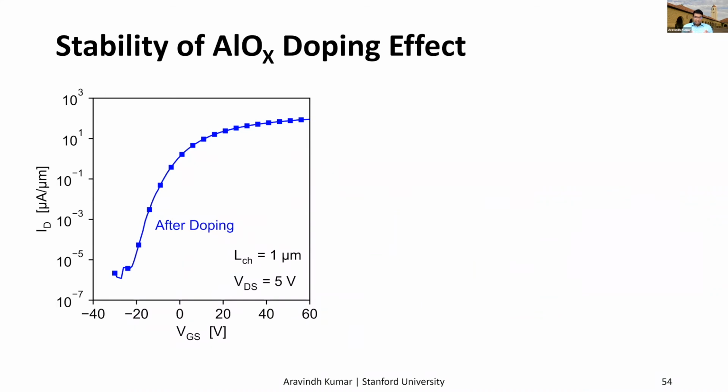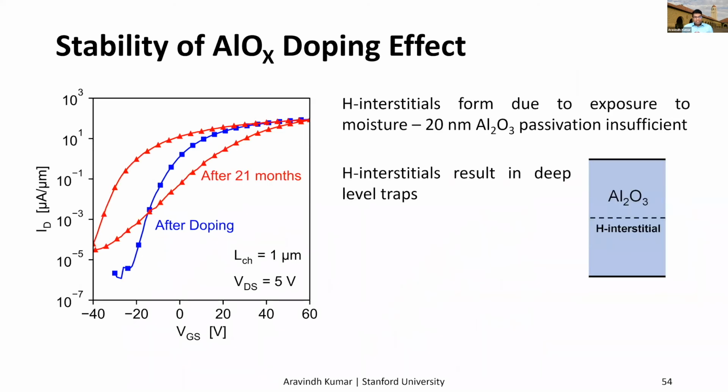So we study the stability of this doping technique over 21 months. The IDVG right after the doping is shown here. And we remeasured these devices after 21 months. And we see that there's a lot of degradation in the subthreshold swing, the on-off ratio, as well as the hysteresis. And the reason for this is the formation of hydrogen impurities and hydrogen interstitials in the aluminum oxide layer because of exposure to moisture.